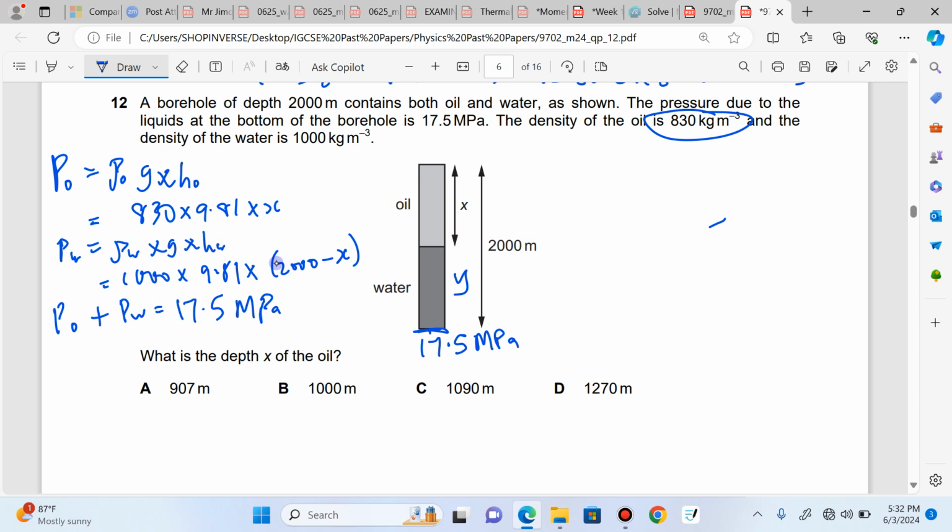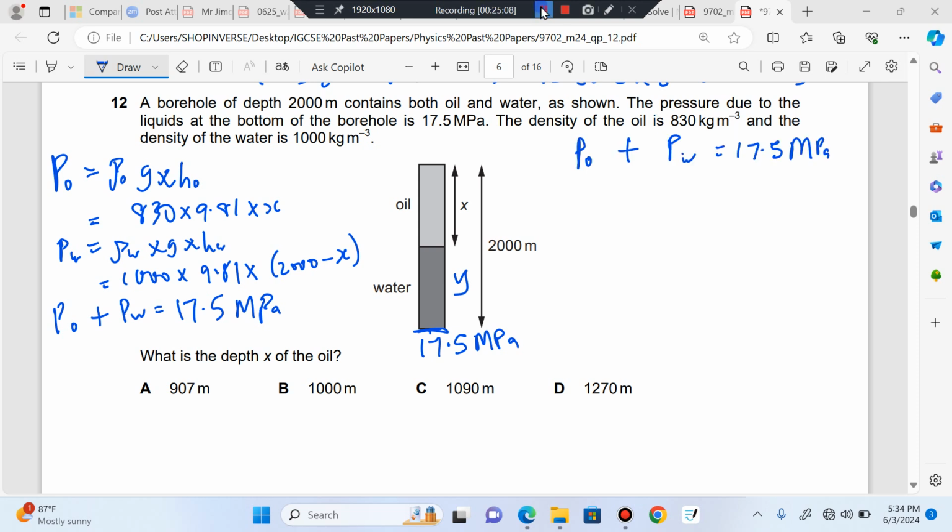Now let's substitute. Pressure due to the oil alone is 830 multiplied by 9.81. So I'll multiply 830 by 9.81. Multiplying these two together will give us 8142.3x, which is the contribution of pressure due to the oil alone.